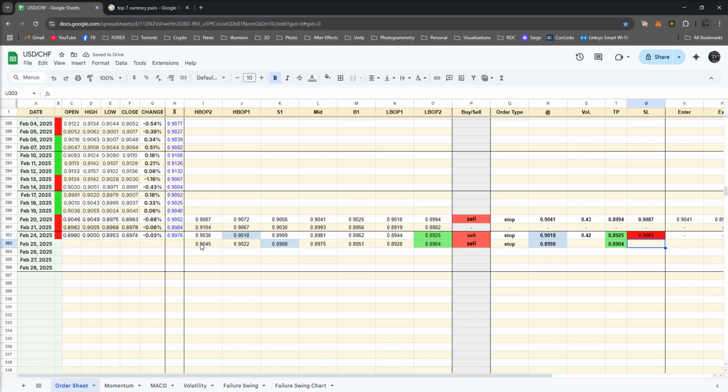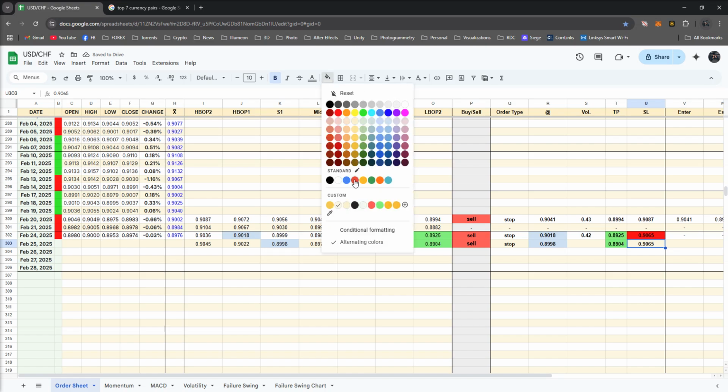All right, and my stop loss, I'm going to put a little beyond this, probably. Let's see what the highest high was last week. Looks like 90.55, so I just want to go a little beyond that. So I think I'm going to go to 90.65. You can see that was the same stop loss as the previous trade that did not go through.